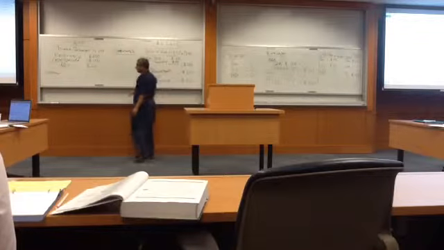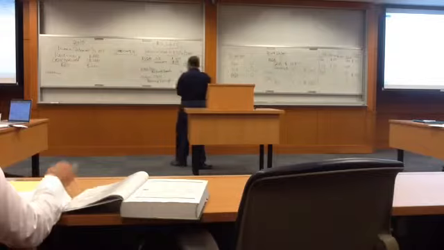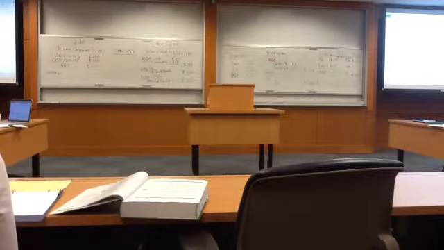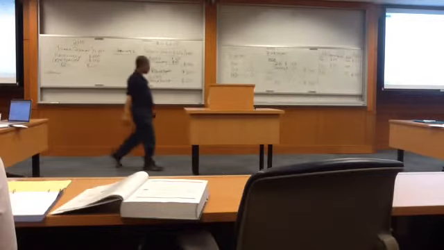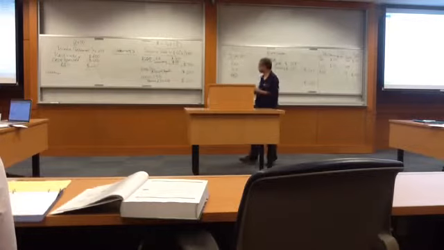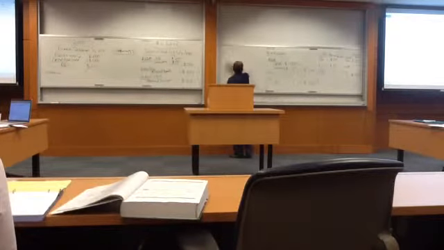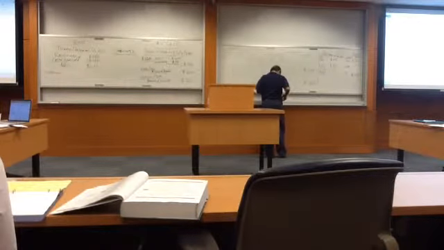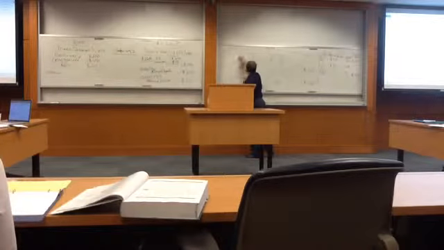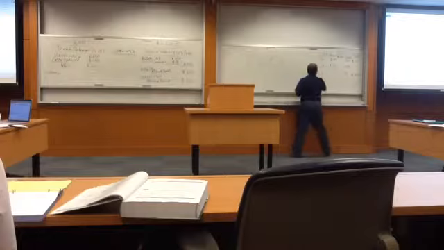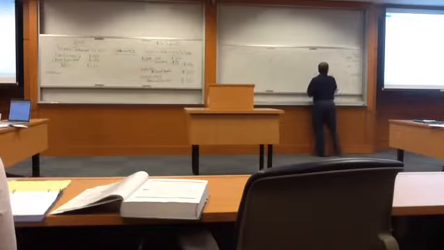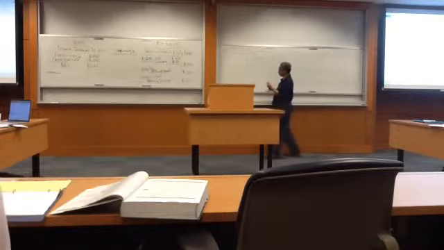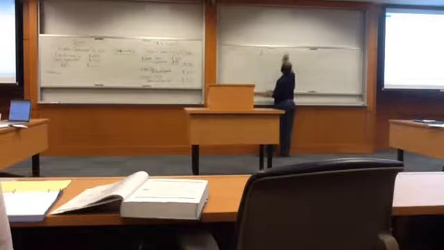So we can rewrite this relationship as follows. We say assets equals liabilities plus owner's equity.